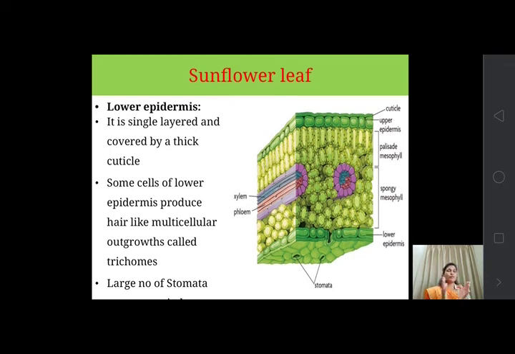Before, you saw that both are the same, but now you can understand how they are different, and you can easily differentiate both structures. You can also differentiate the dicotyledonous leaf from the monocotyledonous leaf, as we will see further.